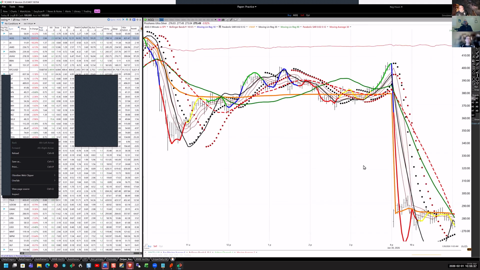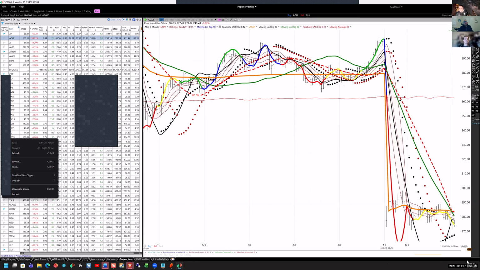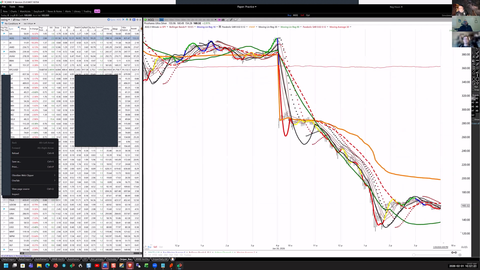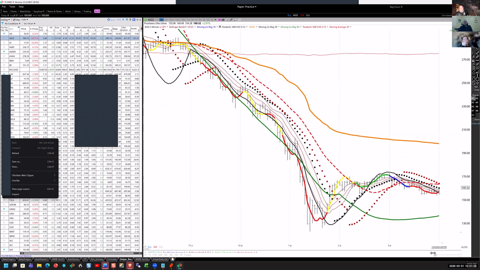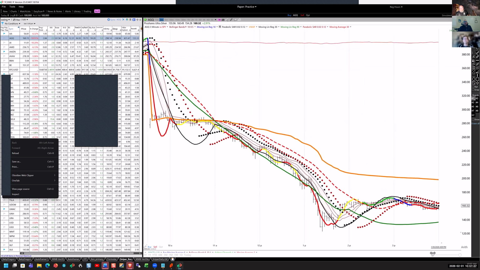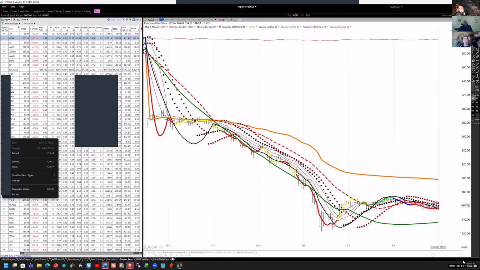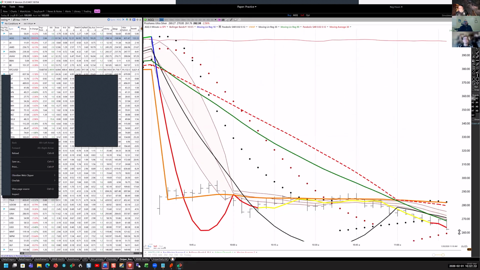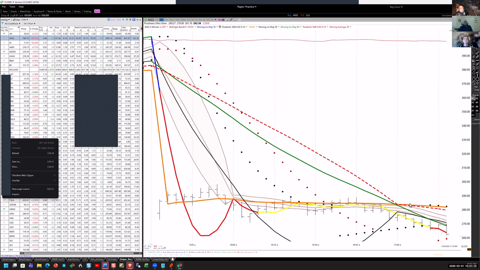So yeah, let me. So there you go. The first, the OR3. I want to try to get this so it's easier to see what's going on.